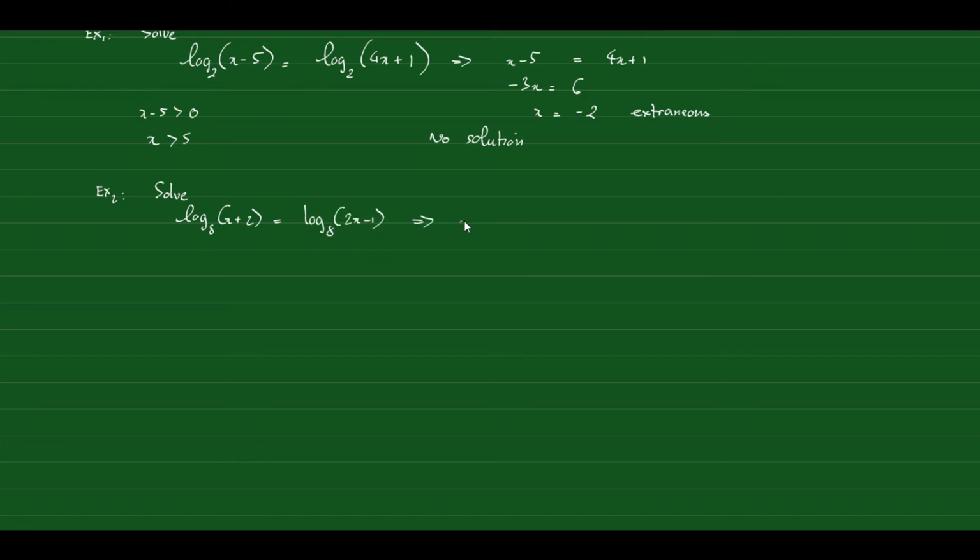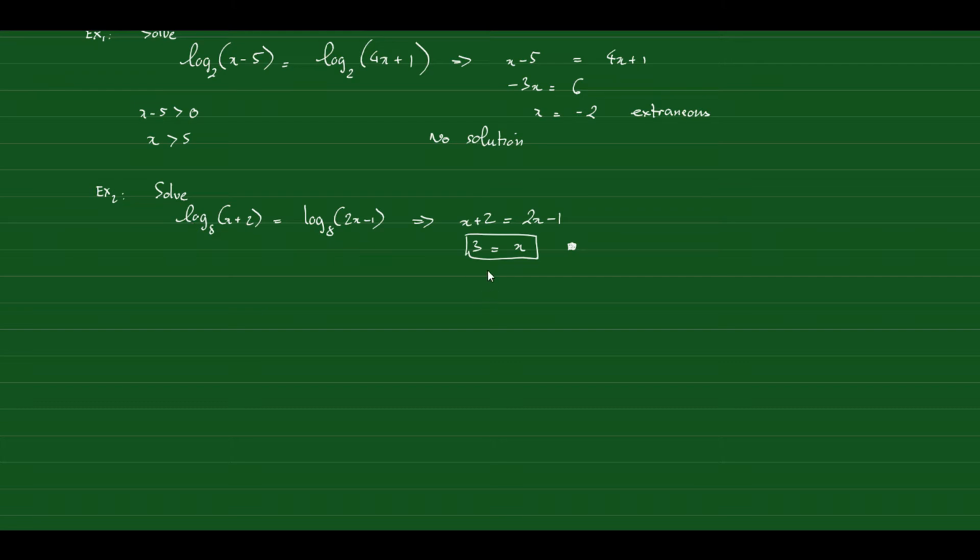So this implies x plus 2 equal to 2x minus 1, which gives you 3 equal to x. So x equals 3. Let's see if it's satisfied. This gives you 5 and gives you 5. Here you go, this is a solution, because we can evaluate log base 8 of 5.